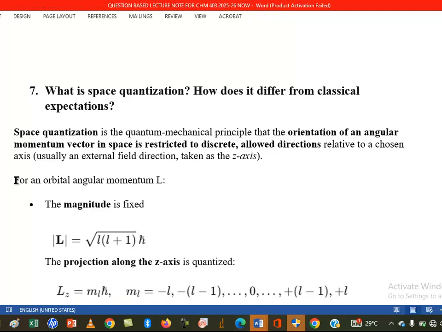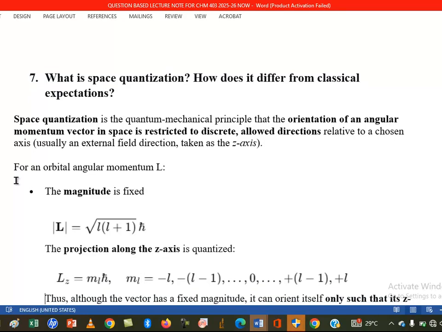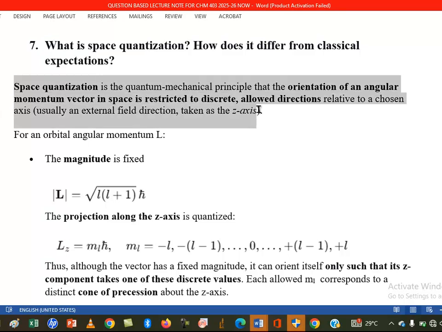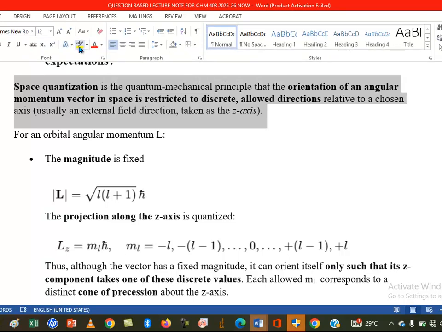Okay, I've explained what space quantization means in the other class. So you're talking about angular momentum, the electron having a fixed energy. For this question, this should be a sufficient answer.